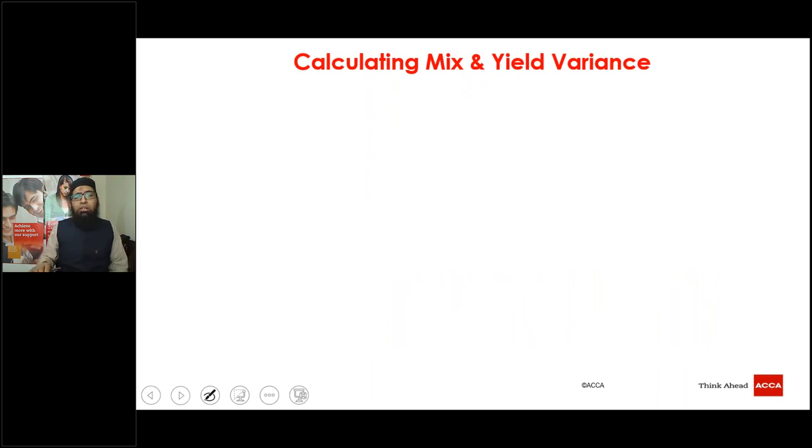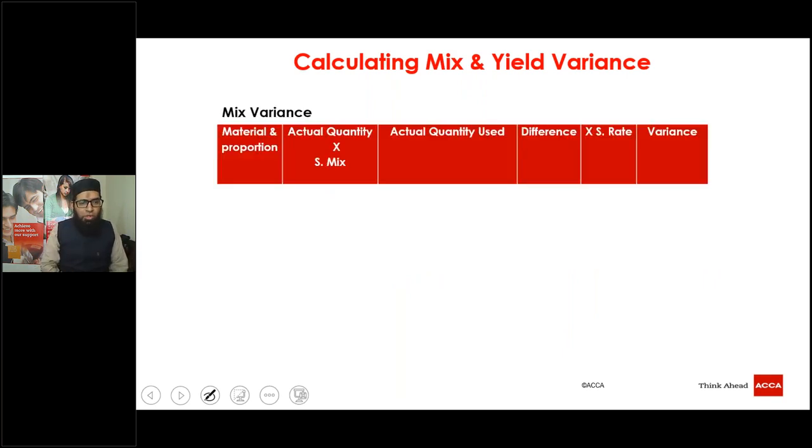So how to calculate the mix and yield variance? For the mix variance, I will prepare this complete format. So please note this complete format first.